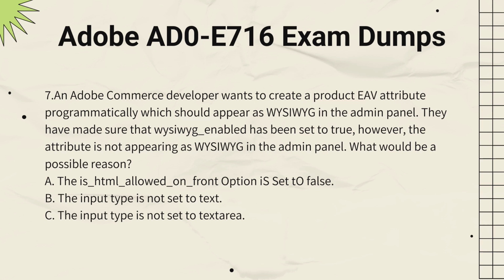What would be a possible reason? A. The is_html_allowed_on_front option is set to false. B. The input type is not set to text. C. The input type is not set to textarea.